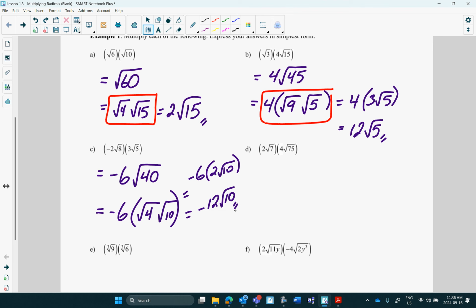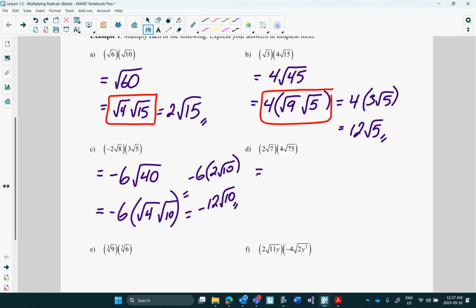This one. What looks potentially difficult about this question? Yeah, you're going to get a big number, and that could be a pain to simplify. So depending on the question, when you encounter something like this, see if you can simplify first before you multiply.